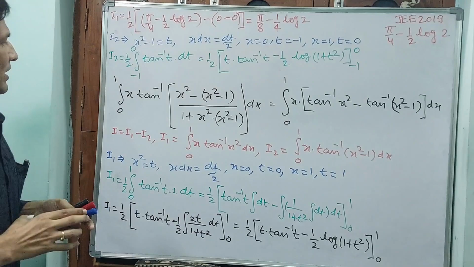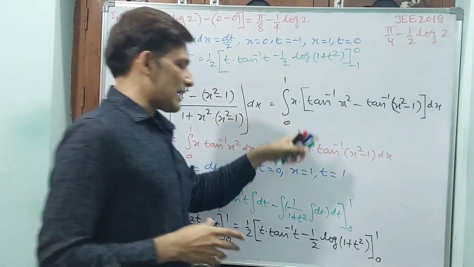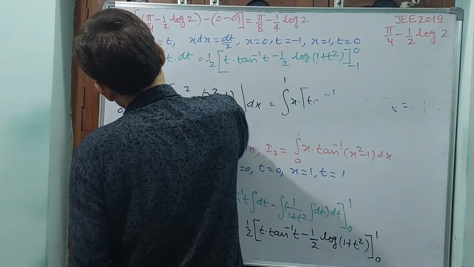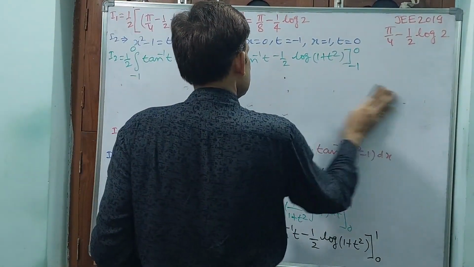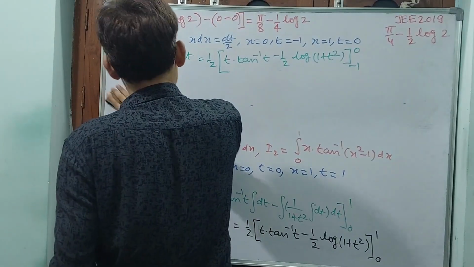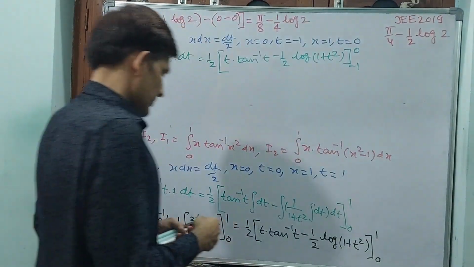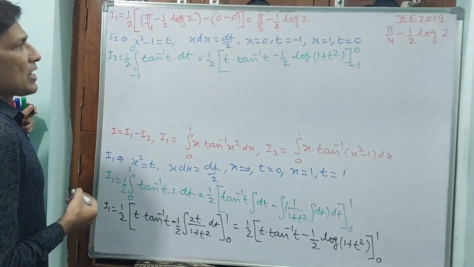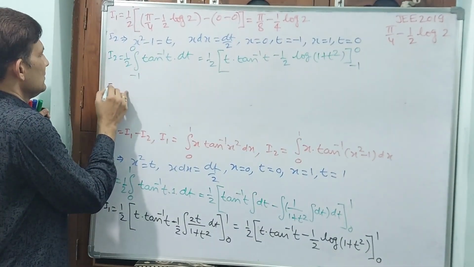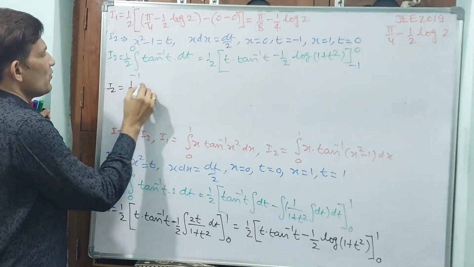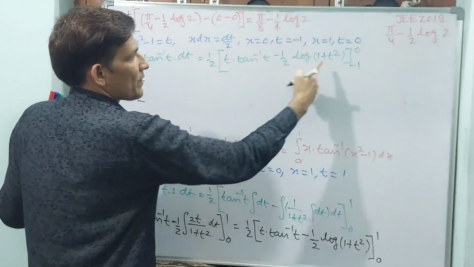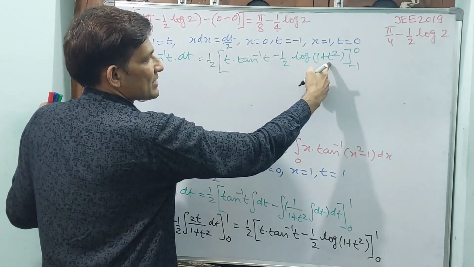Okay, now I am going to remove this black. Black only I have to take. Now apply the limit. I2 is equal to 1 by 2 times, at 0 this is 0. If you put 0, automatically 1 plus 0, log 1 is 0.